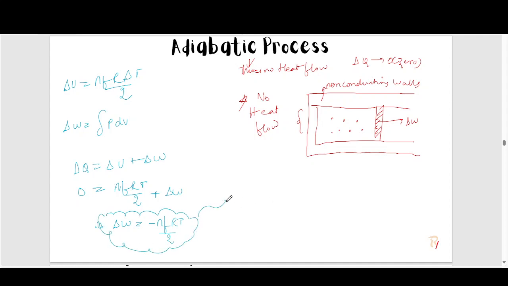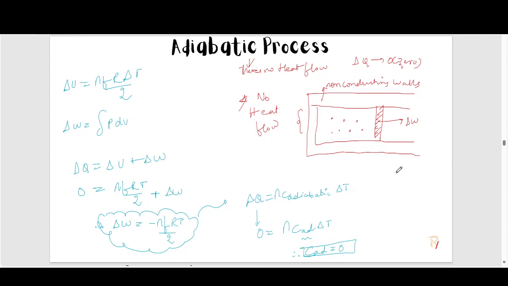From this, we can write del Q equals n C adiabatic del T. Let me write adiabatic in short notation. Since del Q tends to 0, it equals n C adiabatic del T. Therefore, C adiabatic equals 0.